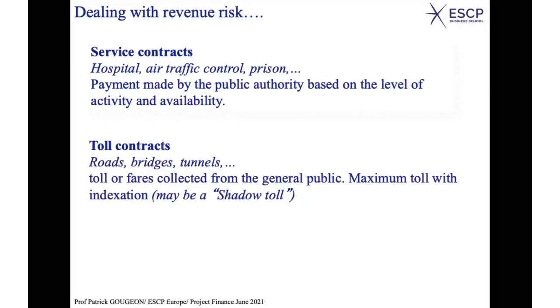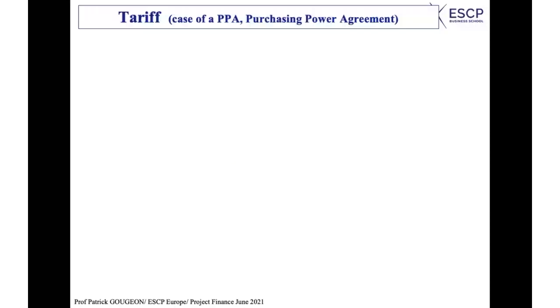These are complementary to the former slides. Let's focus now on the case of a PPA, a power purchase agreement, so that you have a clear understanding of how typically an offtake contract is built.